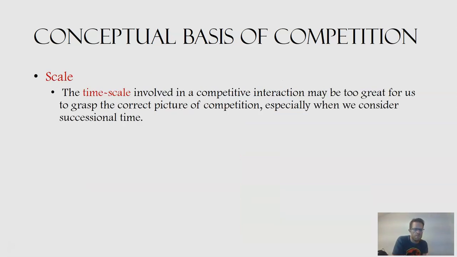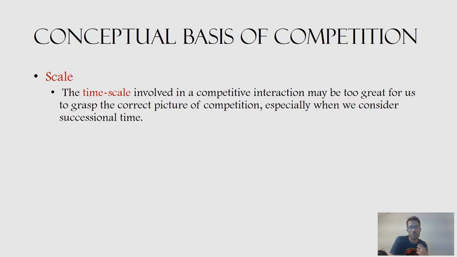Which leads us to this: when we're thinking about the conceptual basis of competition, we really need to think about matters of scale. One type of scale is time, the temporal scale on which we're talking. When we think about competition, often we think of pretty short time frames. As an ecologist, as a student, we're thinking on a core time scale of years.